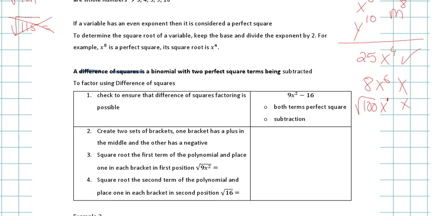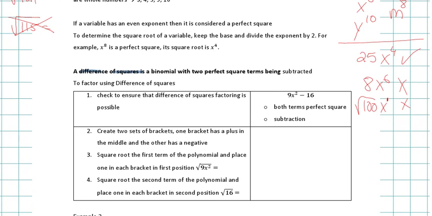Yes, it is, because 9 is a squared term. The square root of 9 is what? 3. And x squared has an even exponent. Is 16 a perfect square? What's the square root of 16? 4. Good.